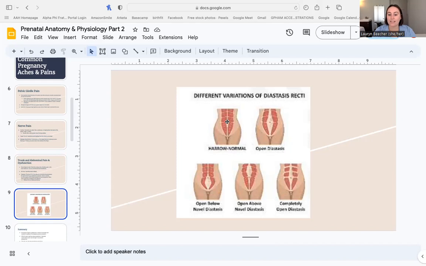And we can see this thin line. That line is called the linea alba. And during pregnancy, there comes a point where the rectus abdominis, those abdominal muscles, just can't stretch anymore. So the connective tissue in the middle, the linea alba, starts to stretch and thin. That thinning of the linea alba is diastasis.